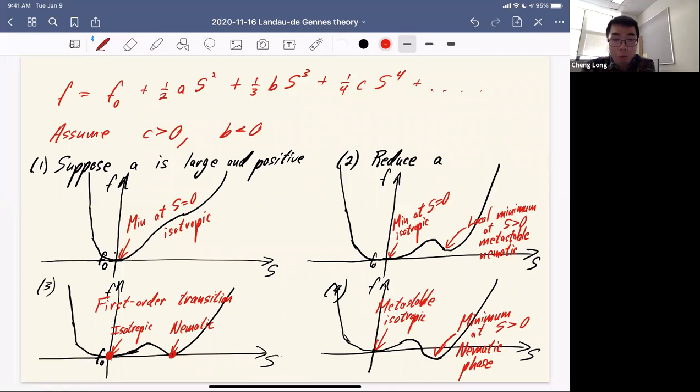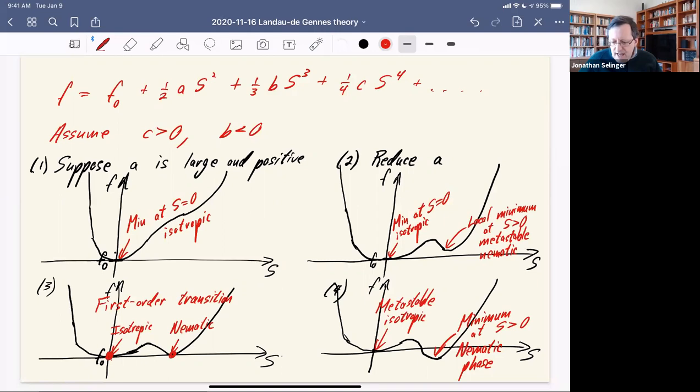Because if you are expanding the coefficient A at the transition temperature, then A must be 0 at that temperature, right? That the transition does not occur when A equals 0, right? The transition occurs at a specific positive value of A.